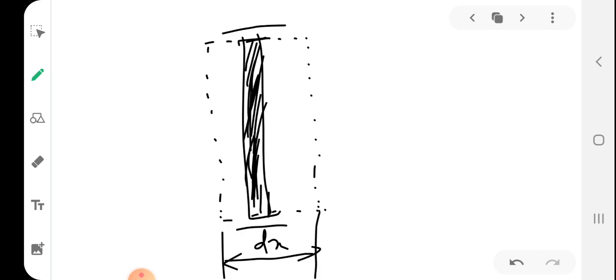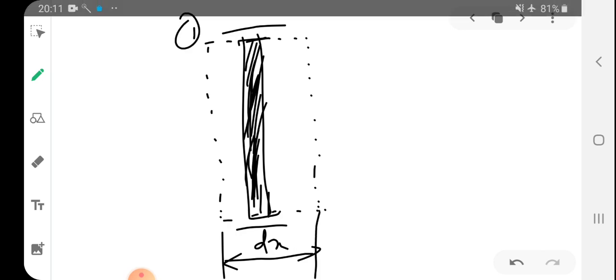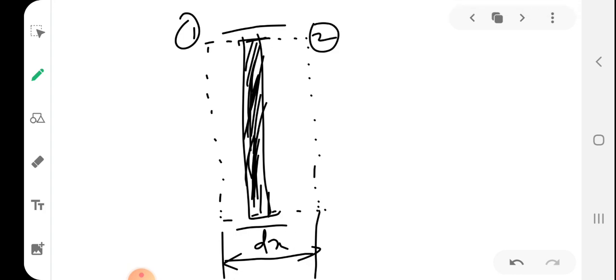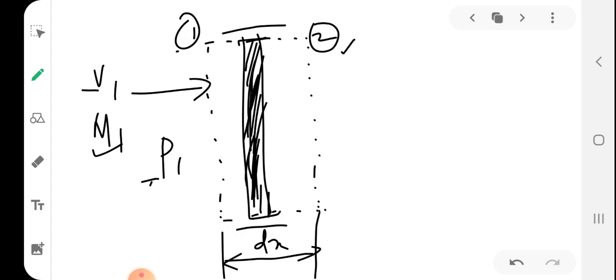Suppose this section is 1 and the next section is 2, so this is the section in the upstream and this is the section in the downstream of the flow. Suppose the velocity in the upstream is V1 and the Mach number is M1, pressure P1, temperature T1, and the stagnation pressure corresponding to this section be P01.